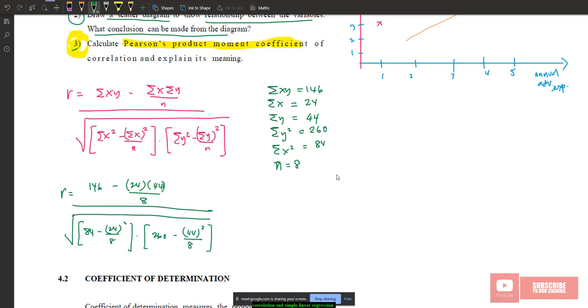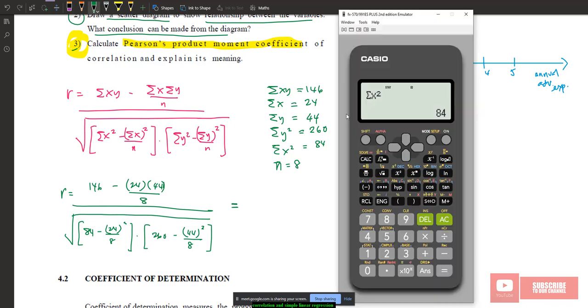You need to plug in the value into the formula, and the result of r. Either you can calculate by yourself or you can use the calculator.